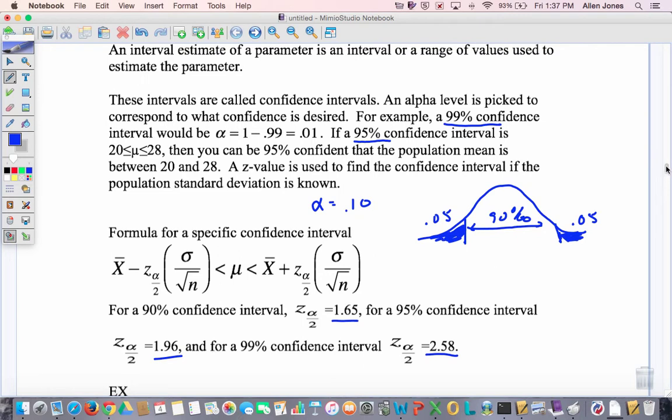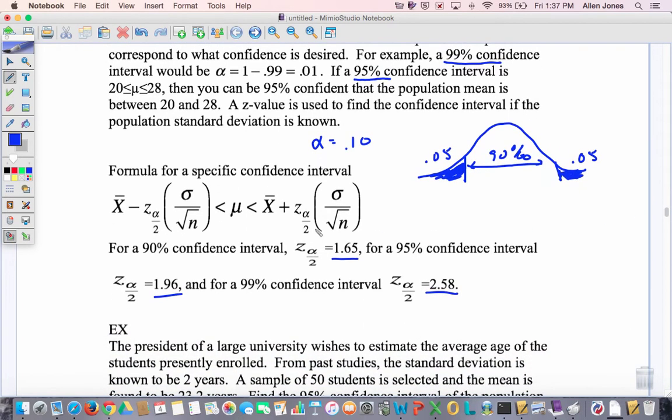The actual formula itself to calculate a confidence interval is pretty well spelled out here. X bar is our sample mean. Our z-score comes from table E. Table E is what we used here in chapter 6. Our sigma, Greek letter, is our population standard deviation, and the square root of n is our sample size. So X bar is the sample mean.